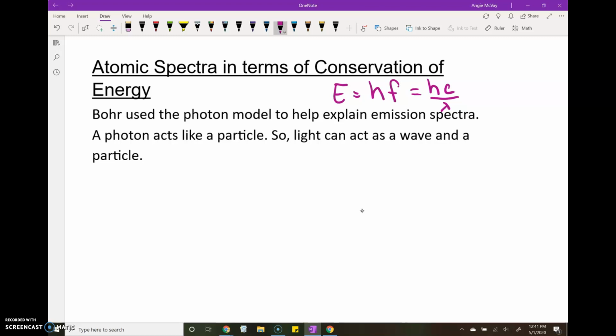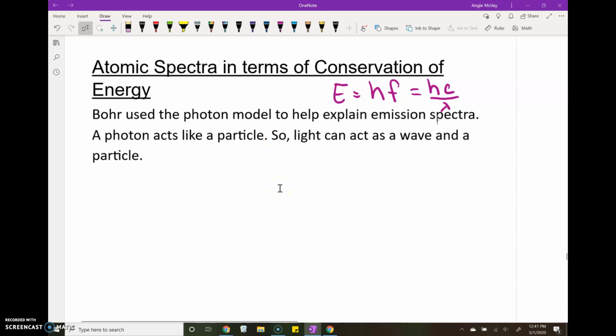A photon acts like a particle, and so light can act like a particle, giving its energy to an electron that's in a hydrogen atom, but it can also emit light that has a frequency.